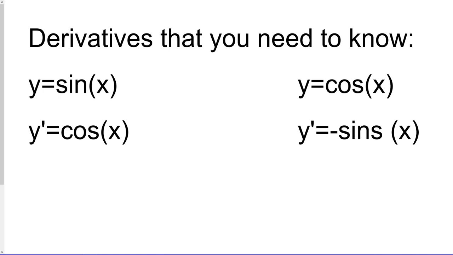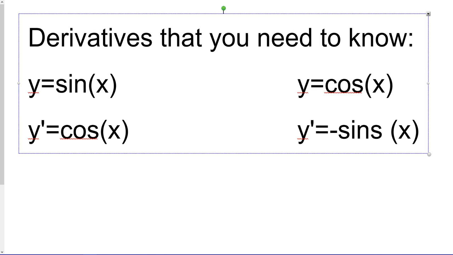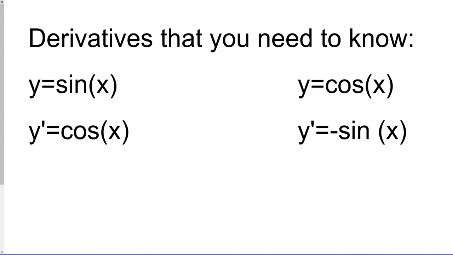Okay, if you start off with y is equal to sine of x, your derivative will be cosine of x. If you start off with cosine of x, your derivative will be negative sine of x. Okay, these are two derivatives you must know.